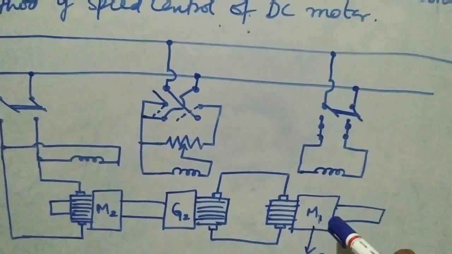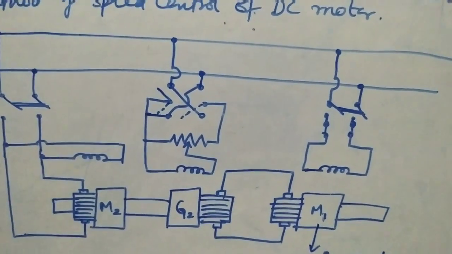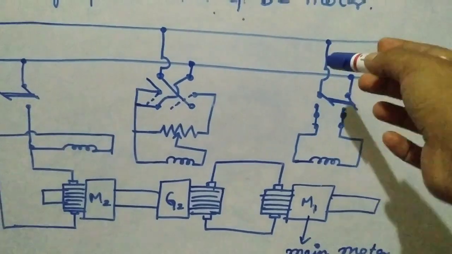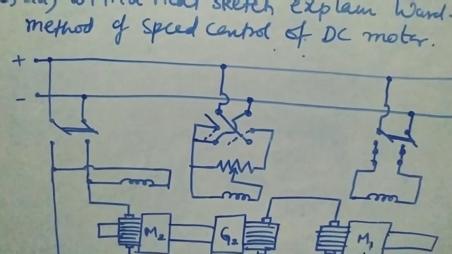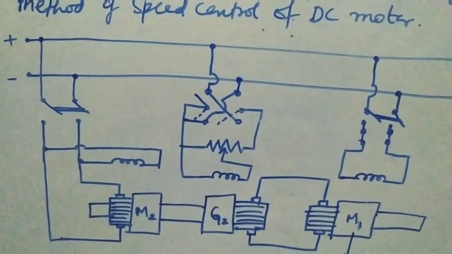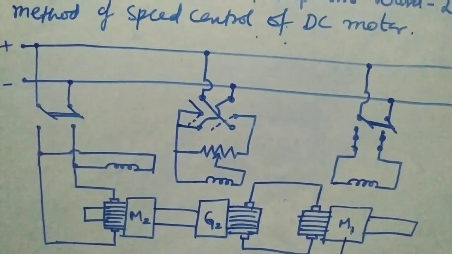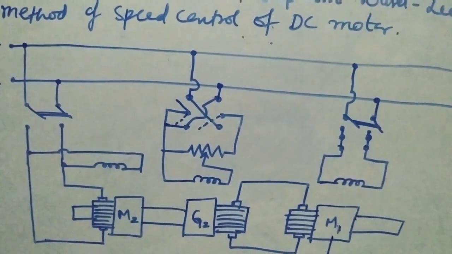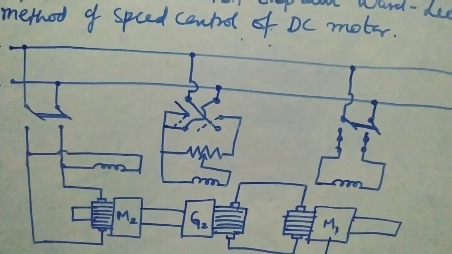The field winding of motor M1 is permanently connected to the DC supply, as you can see here on the rail, whereas the armature is supplied with a variable voltage so that the motor can run at any desired speed.